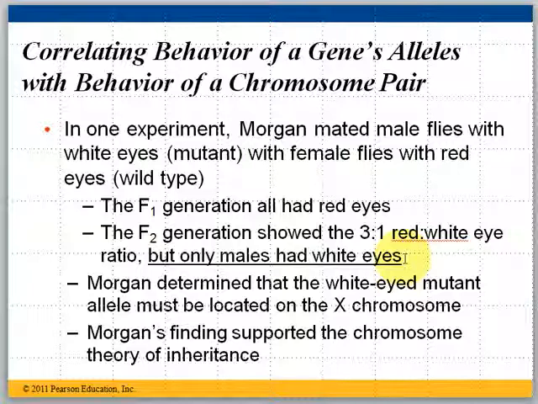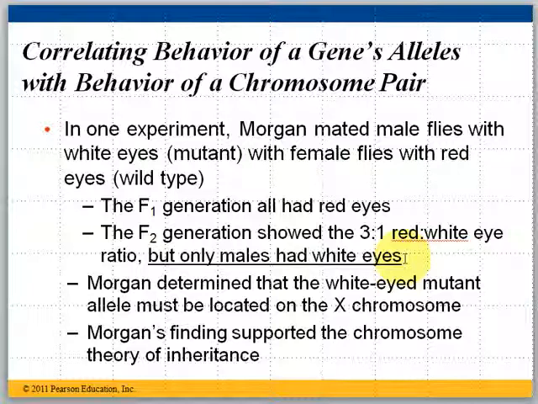So that led him to believe, okay, we must narrow this down to the sex chromosomes. Remember, the sex chromosomes primarily control sex, but they also control other traits. So the allele for eye color must be located on the X sex chromosome. Why did he say that? Well, males would show the recessive phenotype, the white eyes, with only one allele.